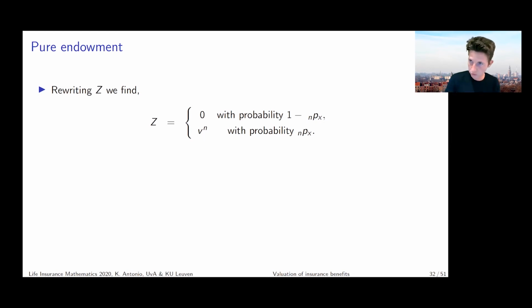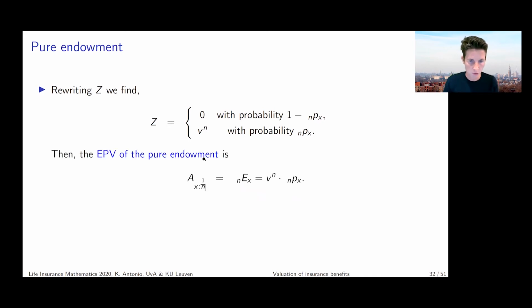So my present value random variable will take the value v to the power n, because I'm discounting the €1 from time n to time 0, right? So if you need to value this, it is pretty simple.